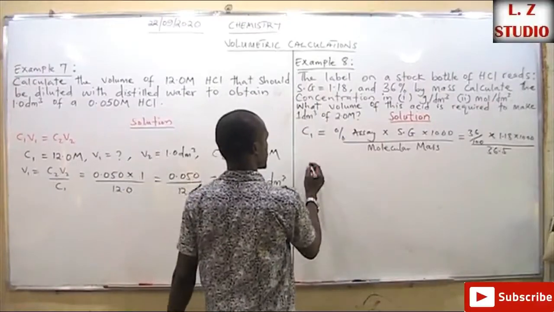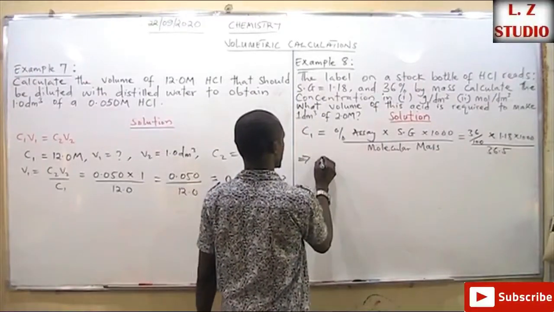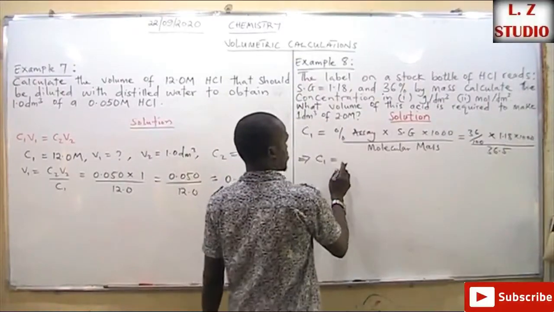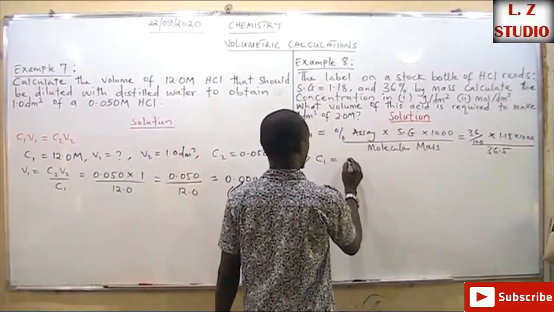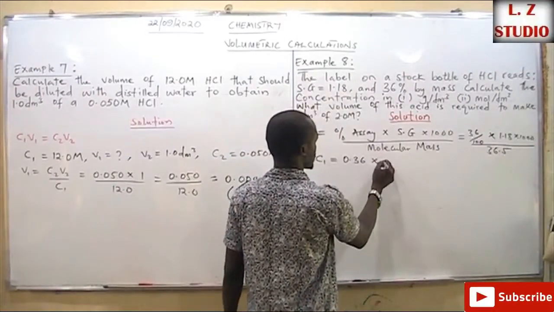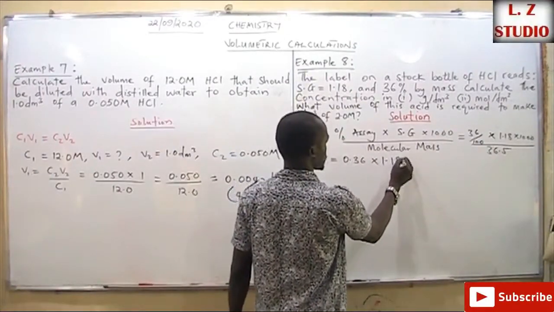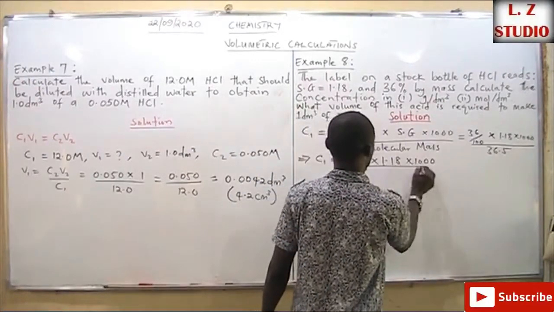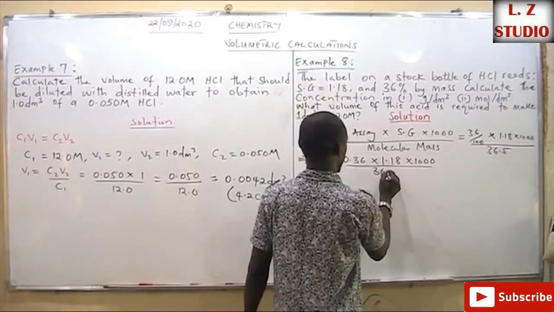This implies that C1 is equal to, converting 36% to a decimal, 0.36 times 1.18 times 1000 divided by 36.5.